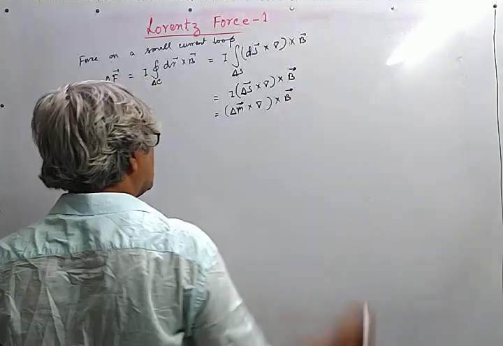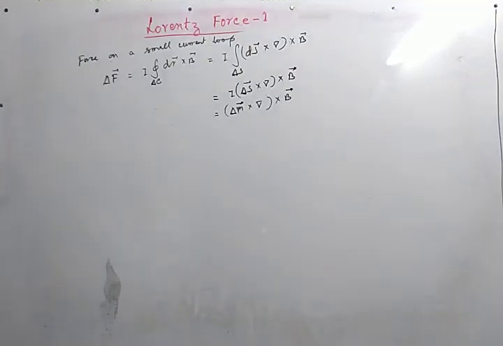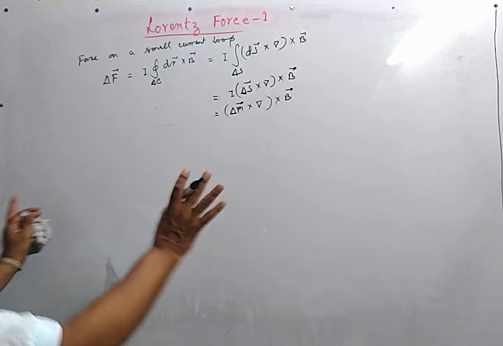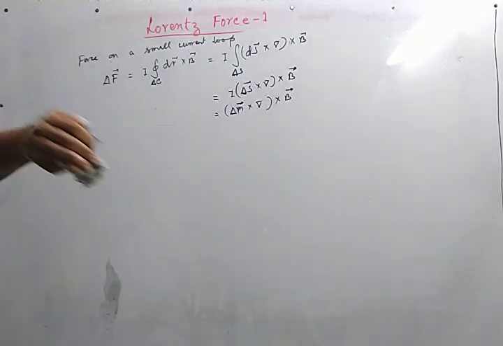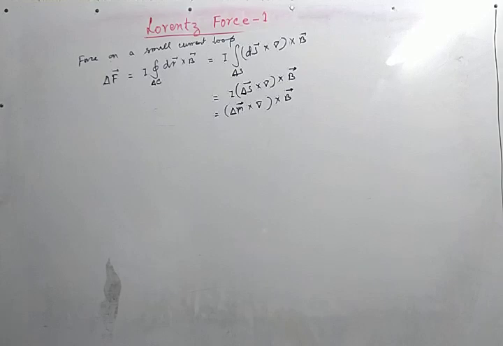This is the force on an elementary current loop when placed in a magnetic field. If B is uniform, then the force is 0. Okay. What happens if B is not uniform?